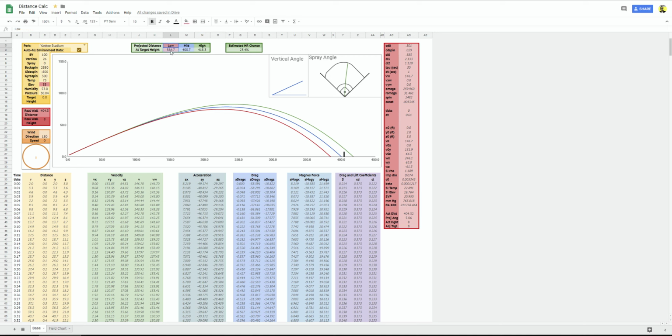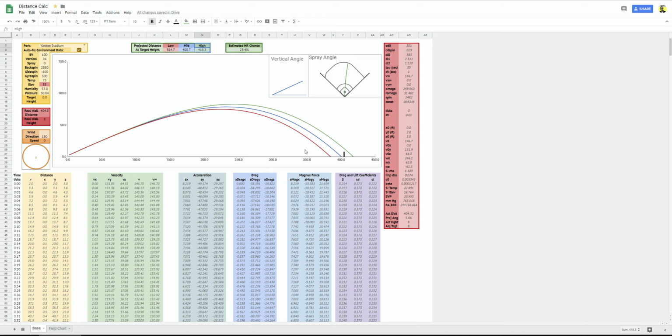So this low number in red represents balls that have significantly above average drag, and this high is significantly below average drag. So the high is the high end of how far you expect the ball to go, and the low is the low end of how far you expect the ball to go, and the blue is roughly average on where you expect the ball to go.